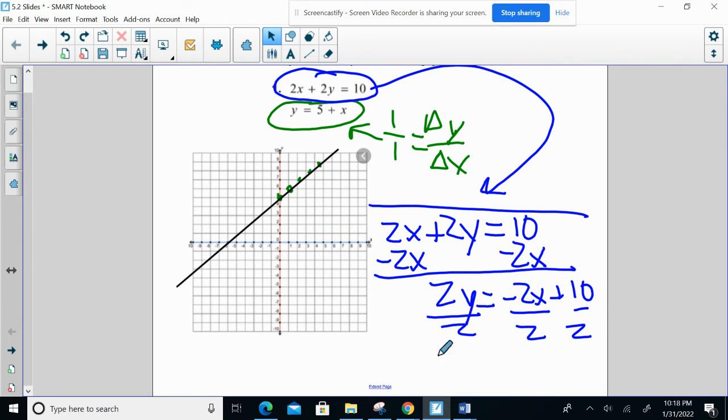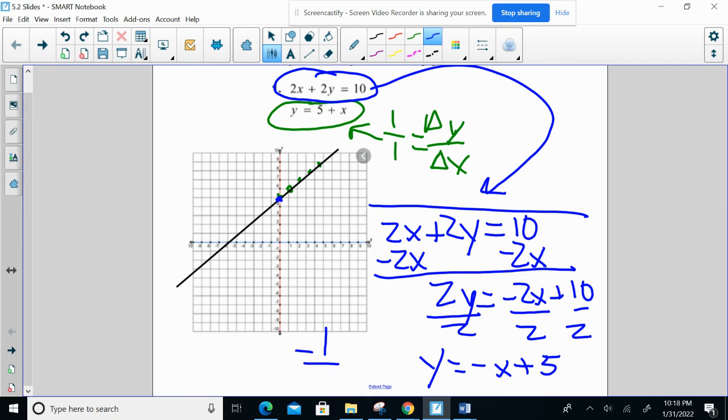Then we got y equals negative x plus 5. Very similar situation. Starting at 5 again. And then the slope this time is negative 1. So it'd be negative 1 over 1. So down 1 over 1.